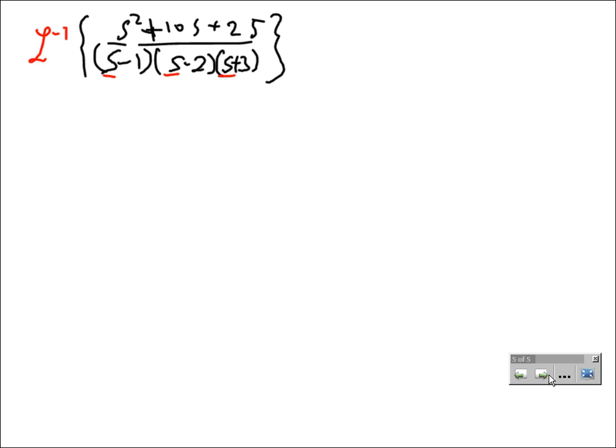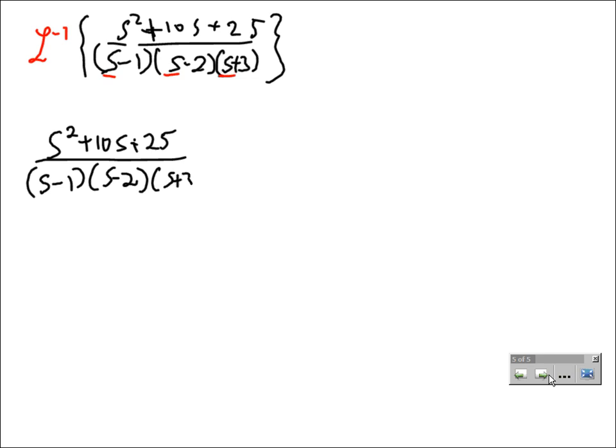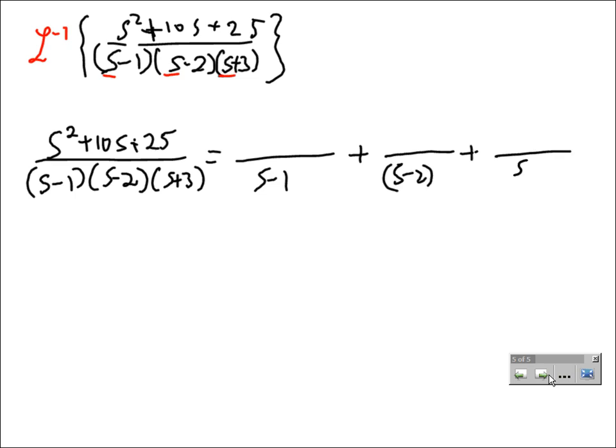You don't have to do long division, but you want to write this fraction as something over s minus 1 plus something over s minus 2 plus something over s take away 3.